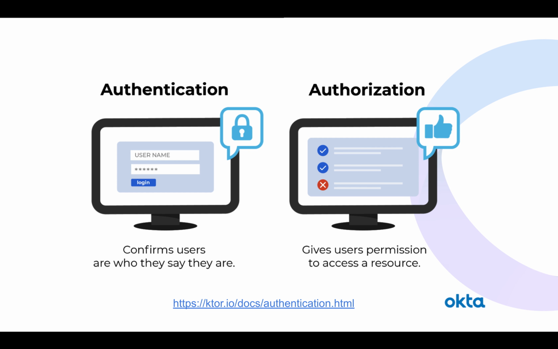First of all, let's make a difference between authentication and authorization. Authentication is the action when a user confirms that they are who they claim to be. So it's usually done by email and password or some kind of token.